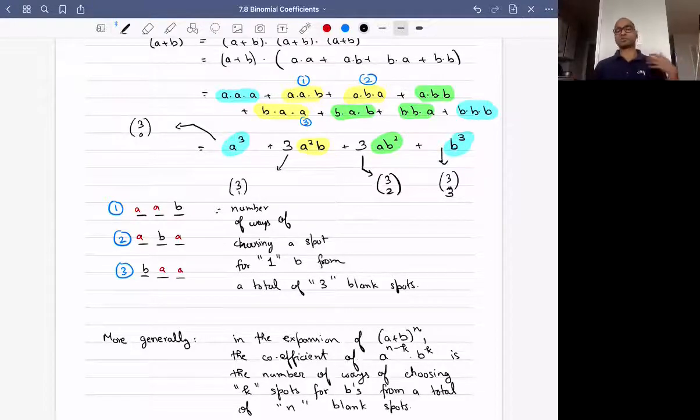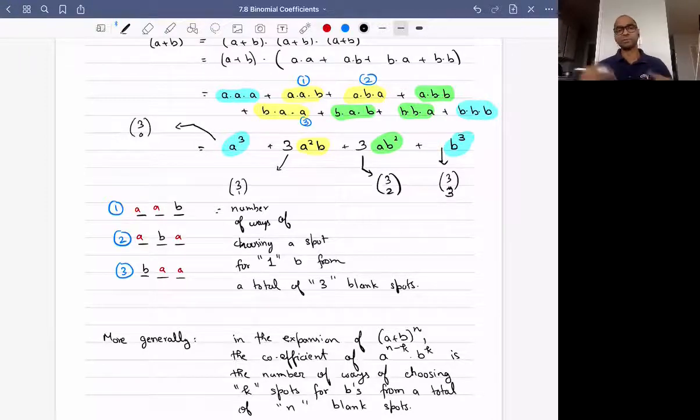And the number of ways of choosing k spots out of n is exactly n choose k, and hence the coefficient of A to the n minus k times B to the k is n choose k. So this is an example of a combinatorial proof, and it proves the binomial theorem.